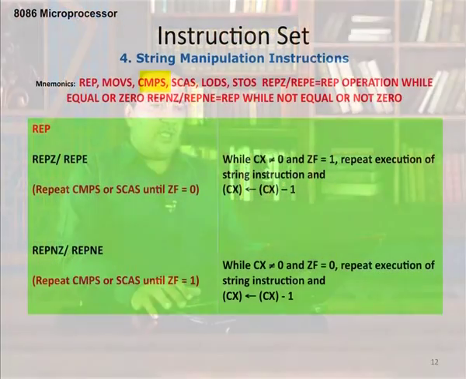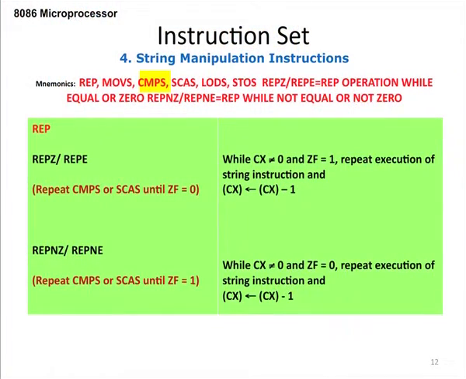Now let us see various string manipulation instructions. The first string manipulation instruction is REPZ / REPE. Here REPZ stands for repeat the operation while equal or 0, and REPNZ / REPNE stands for repeat while not equal or not 0.